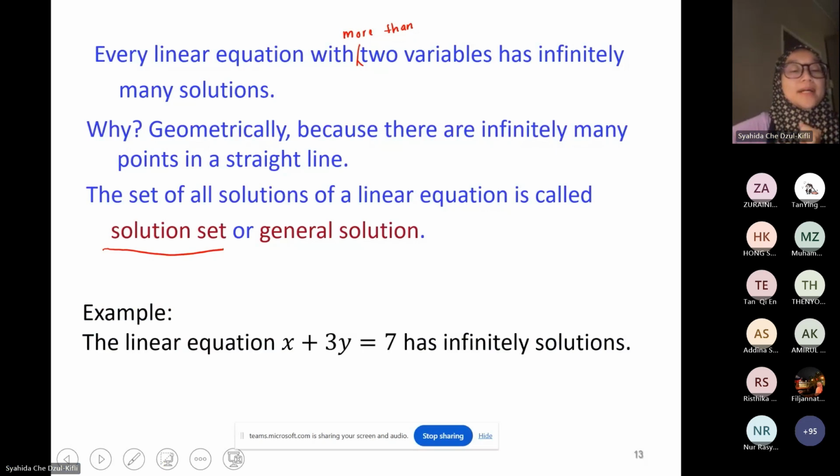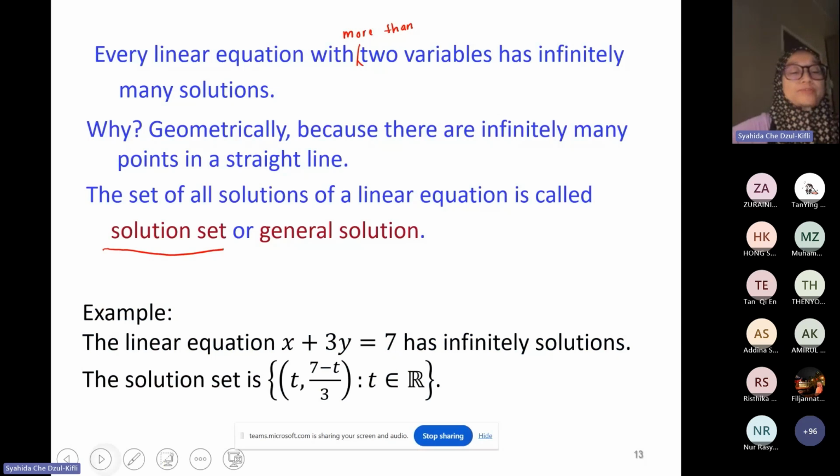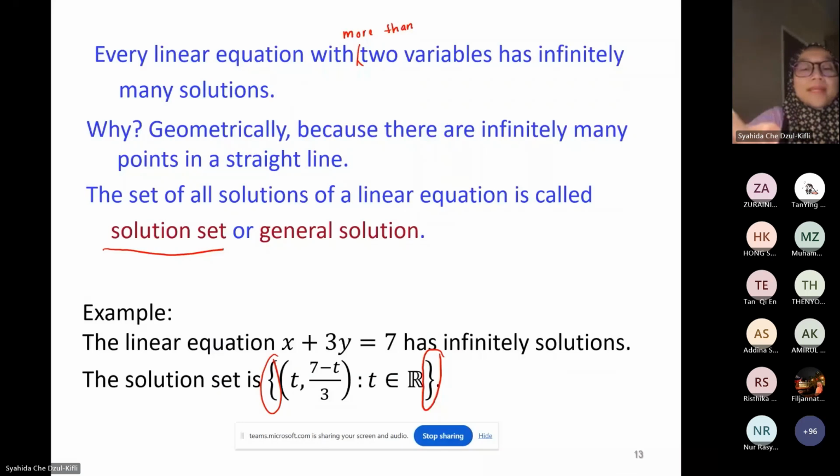Example, from the previous example, it has infinitely many solutions, and we write its solution set as follows. This is a set, right? Remember in Fundamentals of Mathematics, these symbols represent a set.